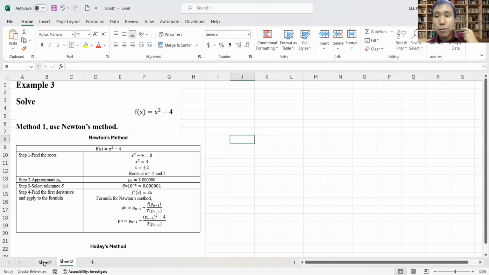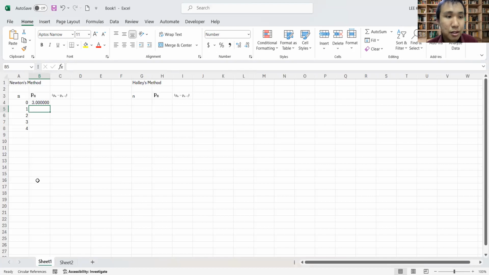And now I explain how to solve Newton's method using Excel. I have prepared a brief template for Newton's method and Halley's method, and we'll always start with 0. For Pn when n equals 0, it's the same as the initial guess P naught, so it's 3.